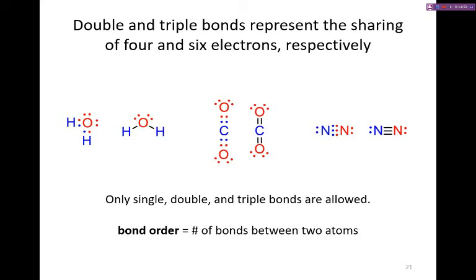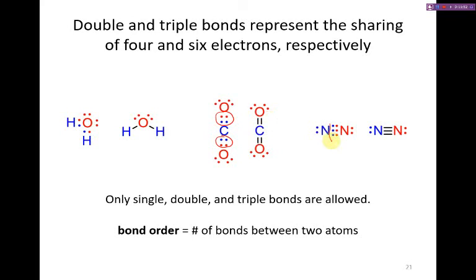So because carbon, nitrogen, oxygen, and some other elements are able to form multiple bonds, we need to discuss how that happens. It's all still through the sharing of electrons. And so a double bond is when we have 2 sets of electrons in between any 2 atoms. We represent that with two lines.